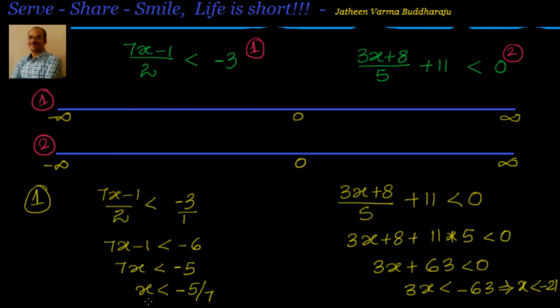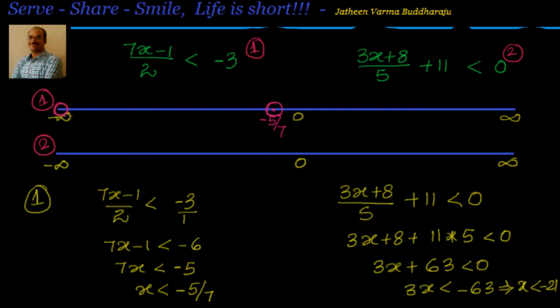Okay, let's start. First I have x less than minus 5 by 7. Minus means I have to come to the left side of 0. Minus 5 by 7 is nothing but 0 and minus 1 in between. So can I say somewhere here, and say this is minus 5 by 7. And you know that's open, so I can say just open, and this is infinity.